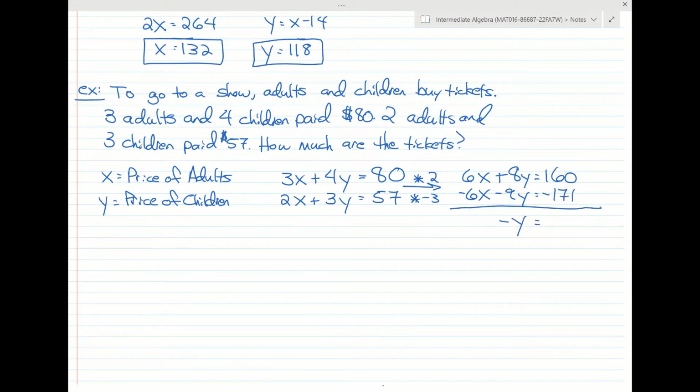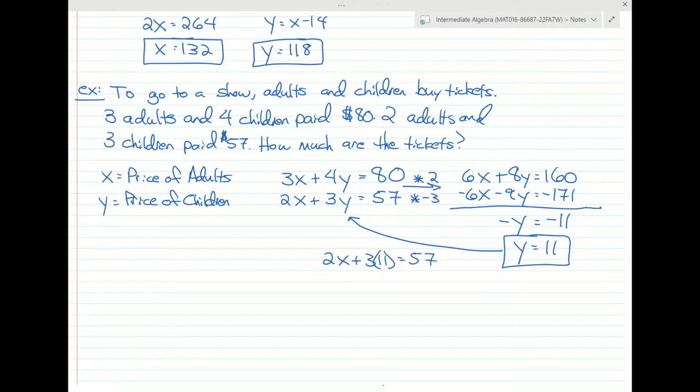Adding them together, we get -y is -11, or y is $11. And so children cost $11. And if we plug that into one of the originals, we get 2x is equal to 57 minus 33 is 24, and adults would be 12.